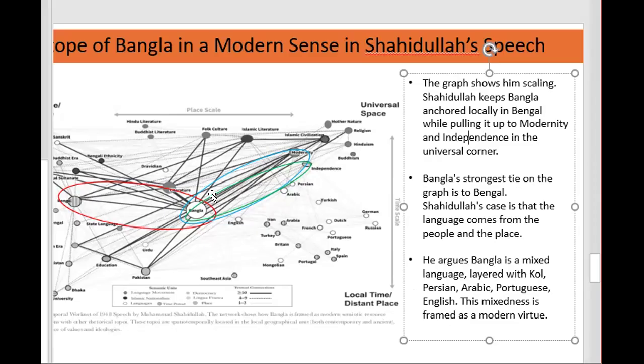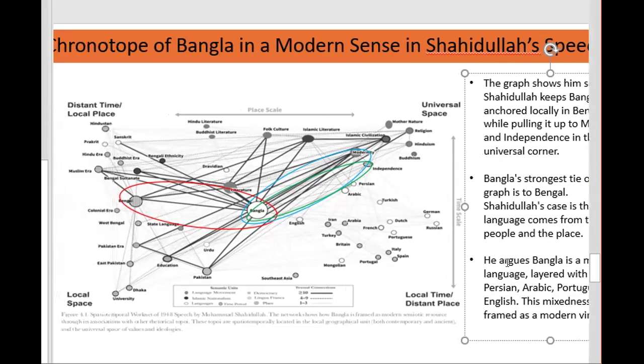So Bangla has all these traces in it, and Dr. Biswas also talked about earlier in a great primer that the Eastern Bangladeshi Bangla has semiotic inputs that make it very distinct from West Bengal Bangla, which is the layering of Persian words, the layering of Arabic words in there because of the Islamic values that it wants to identify itself as, sort of Bengali Muslims. So those are what is again being stressed. And this mixedness is the essence of the argument that Shahidullah is making for modernity.